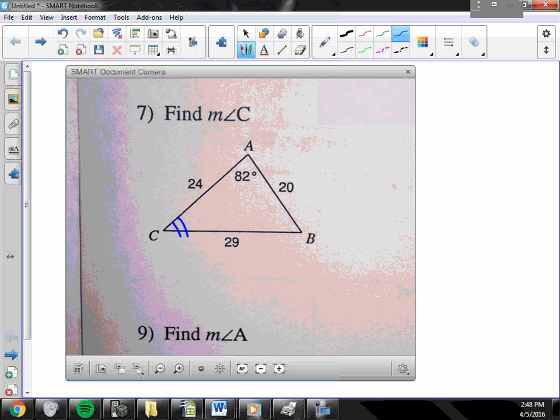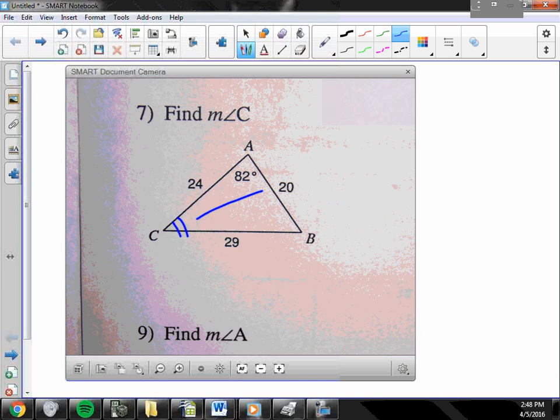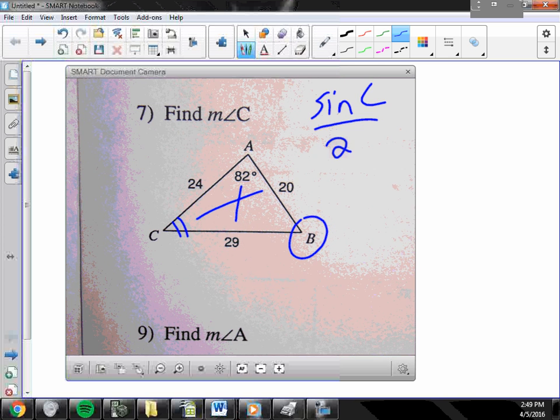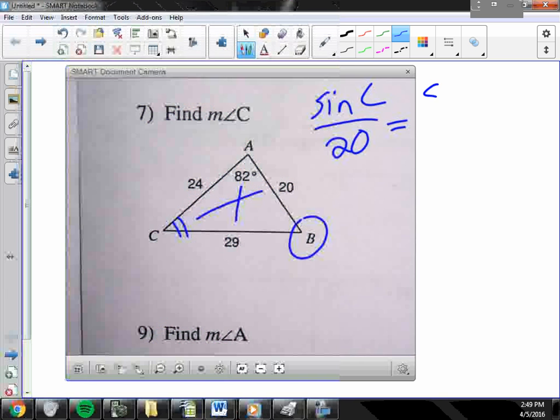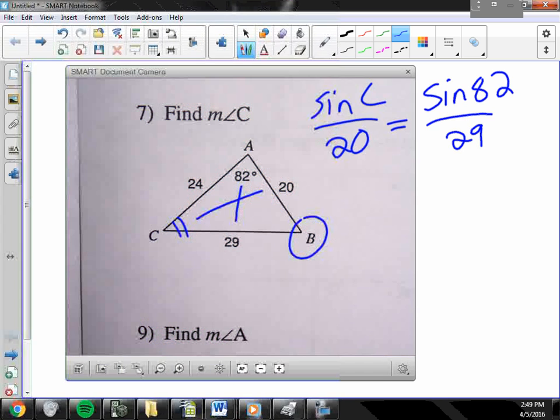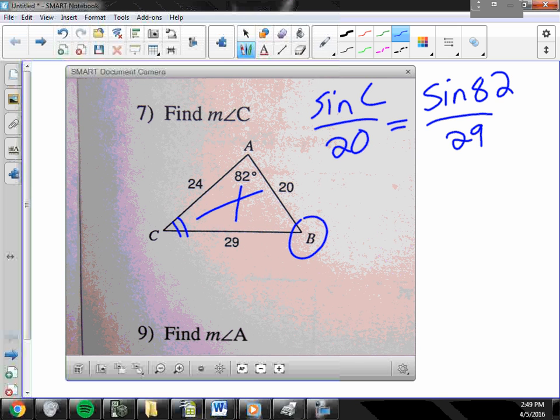We want to find this angle, so I'm going to match those up. What other letter am I going to use? I have to use A. I can't use B because angle B is unknown. So the sine of C over 20 is equal to the sine of 82 over 29. How do I solve this?